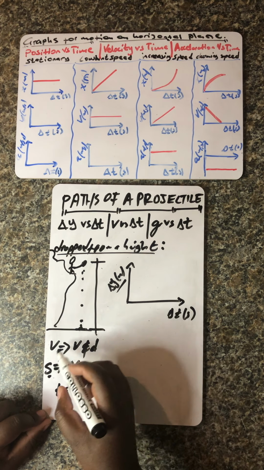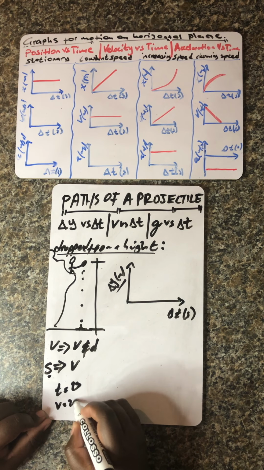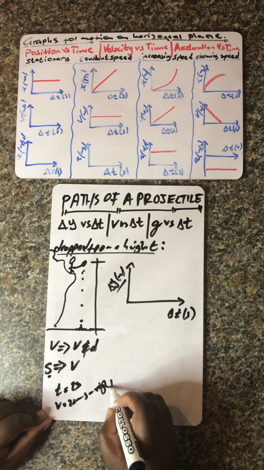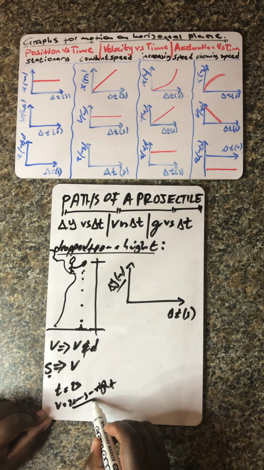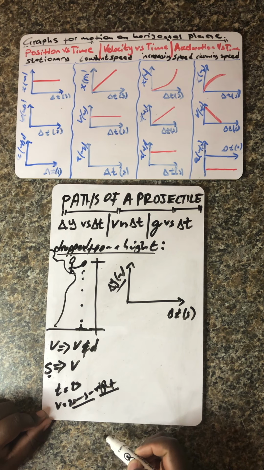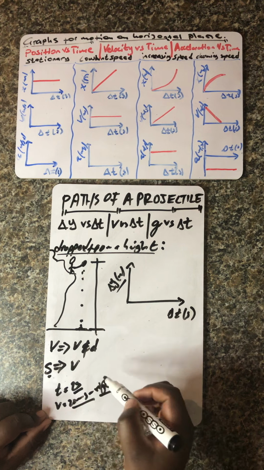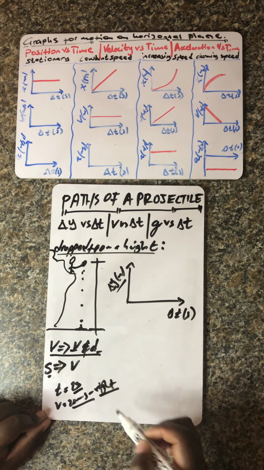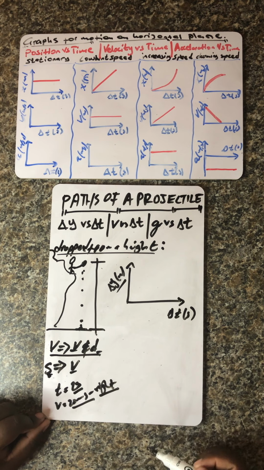But a velocity can be v, which is 20 meters per second to the right. So this is the value and the direction, and this is just the value. That's why we say velocity is a vector quantity because it has a value and a direction. This is a scalar quantity because it has a value.